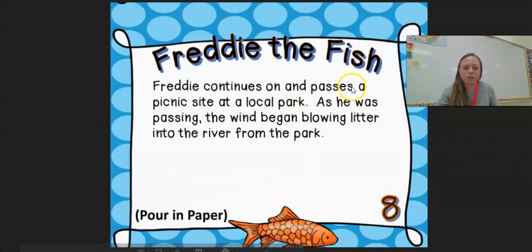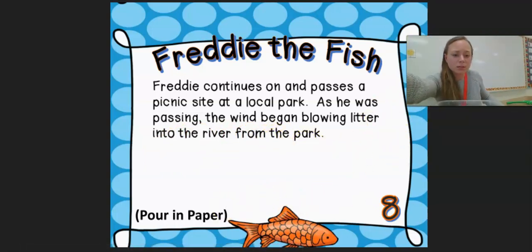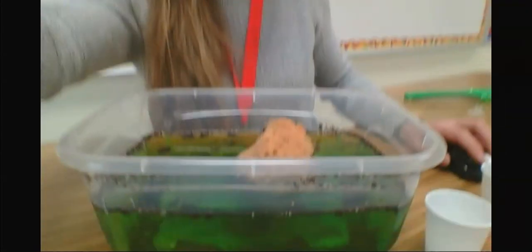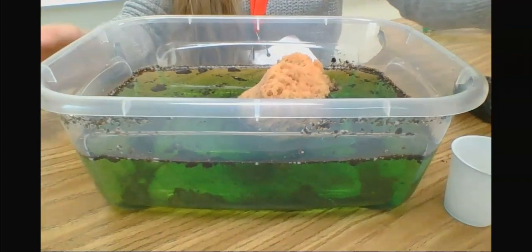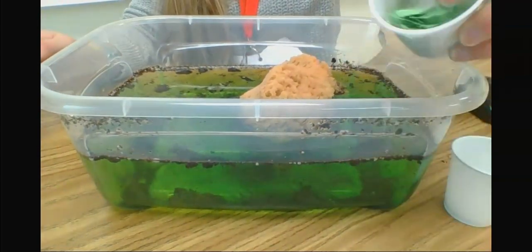Freddie continues on and passes a picnic site at a local park. As he was passing, the wind began blowing litter into the river from the park. Oh gosh, now he's getting trash dumped on him. All right, let's pour in the litter. Here's our litter.